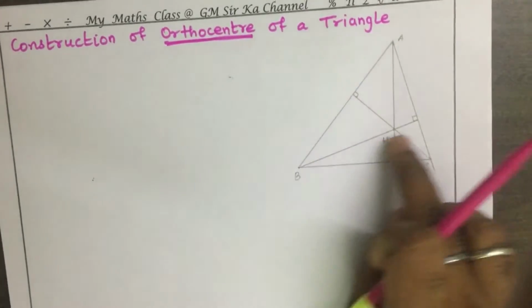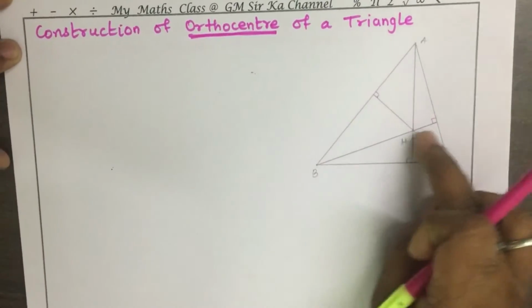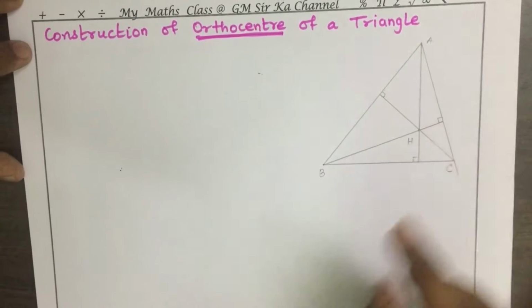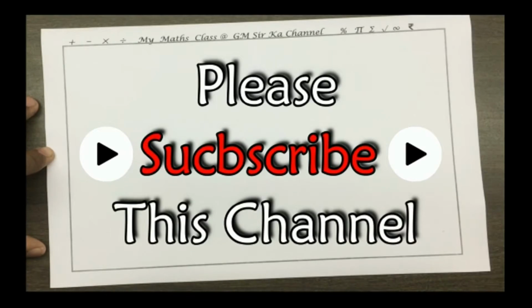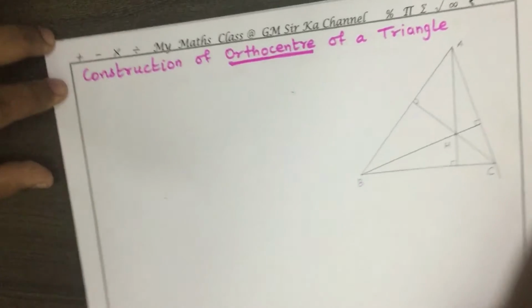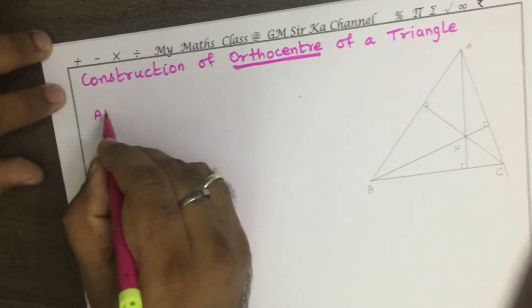So each line which you can see in the triangle is an altitude of the triangle. So it comes to our mind, what is an altitude?